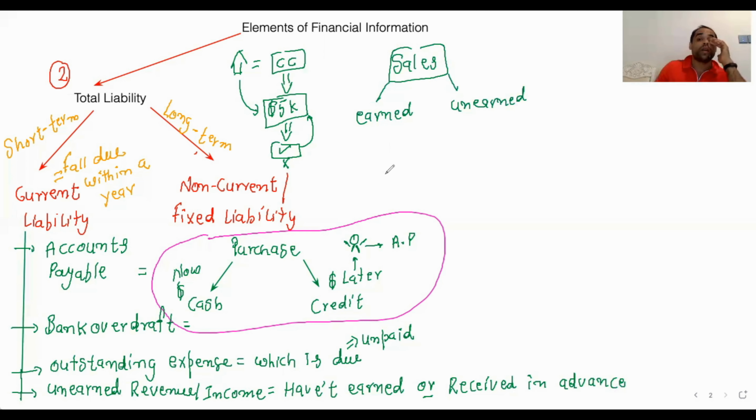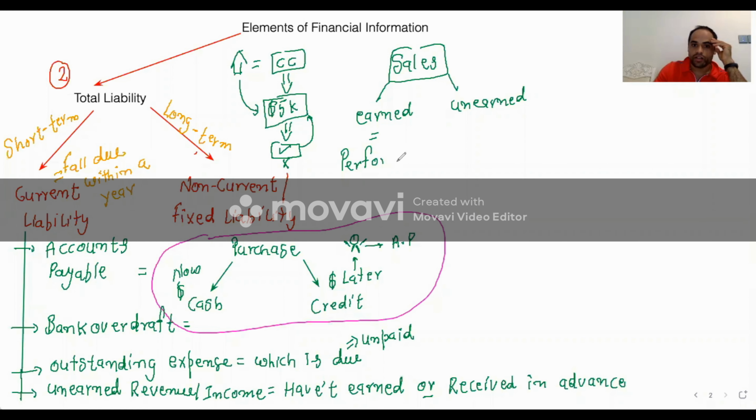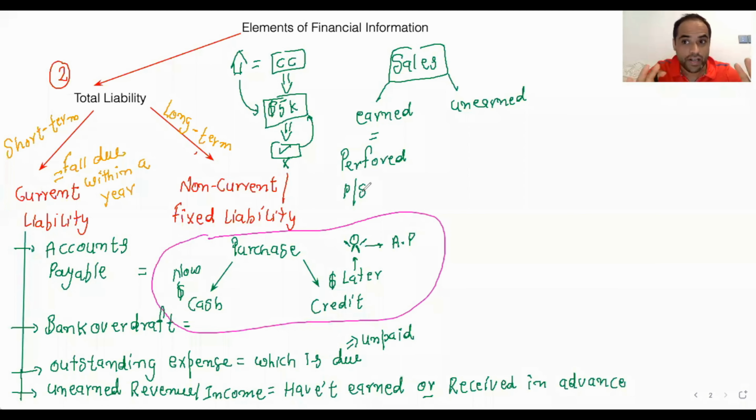Earned means when you already performed your product or service. You already delivered your product. You already delivered your service. That's called earned.